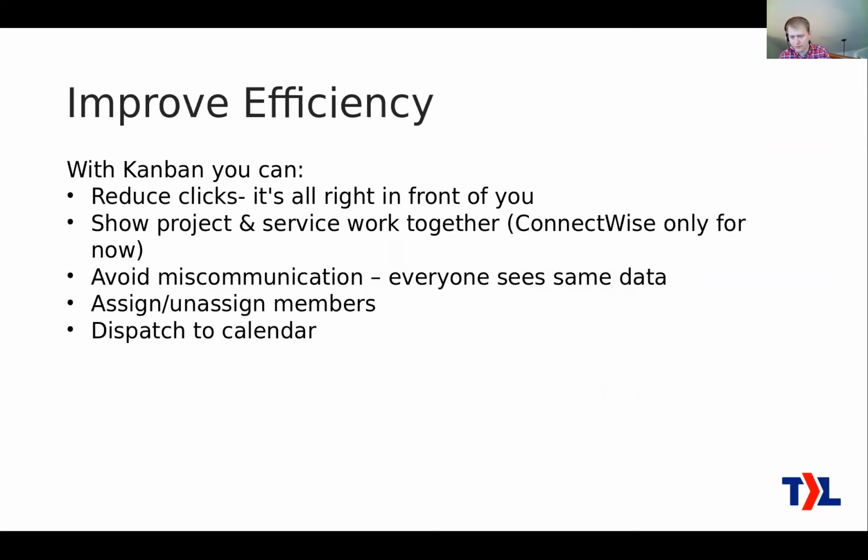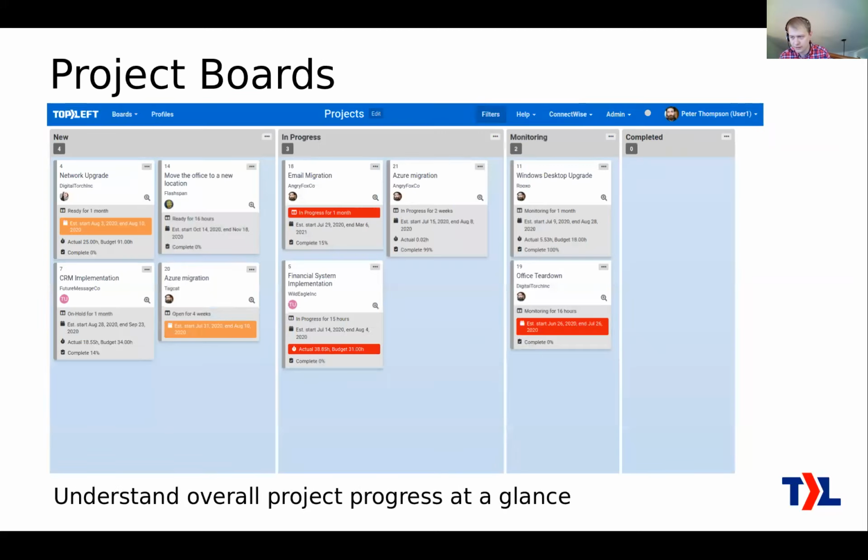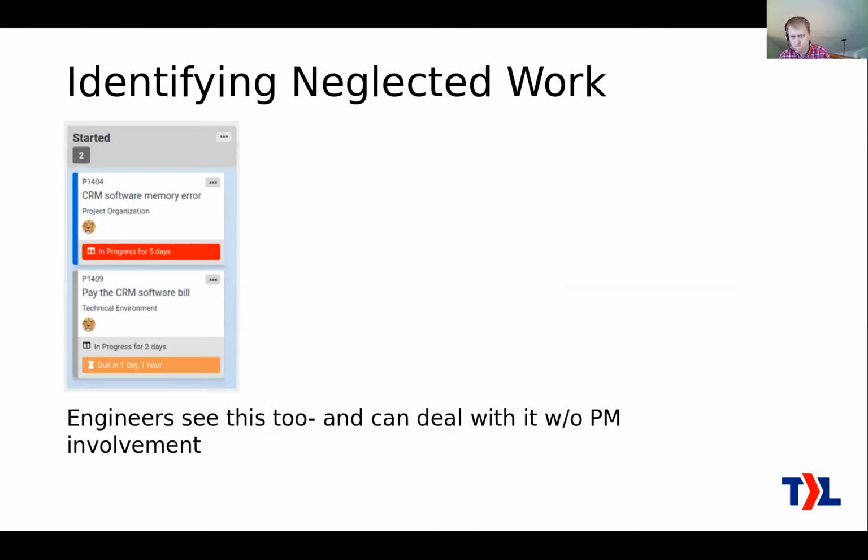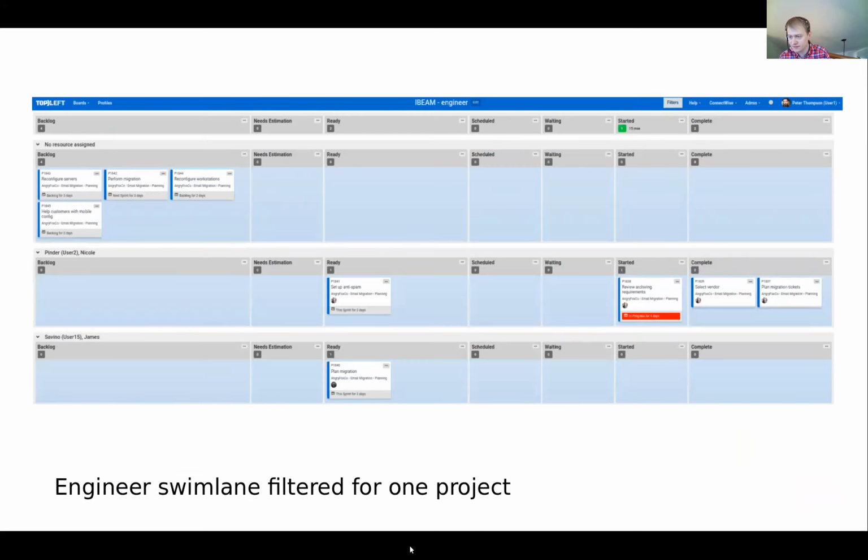If you had a board like this, these options are disabled in this board just to keep things simple, but we can show you, like, summarize the total number of hours for each swim lane and each column. Say there were 8 tickets here in Nicole's ready column, basically her queue of work, and you could see that it adds up to 20 hours of work.